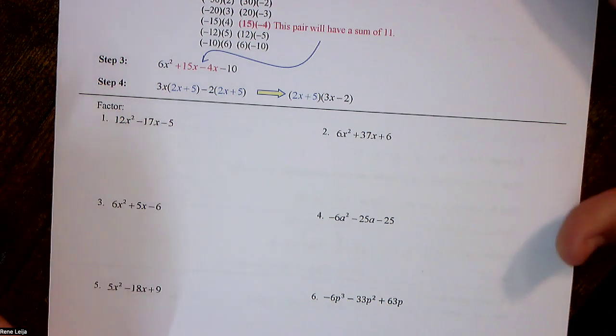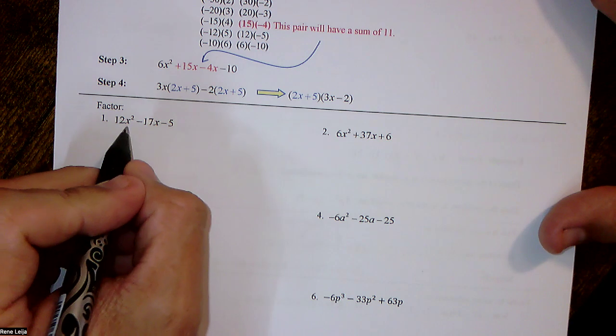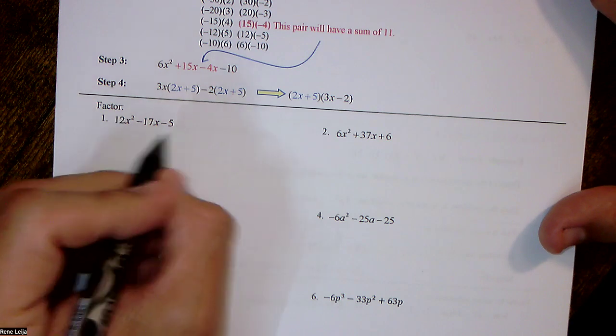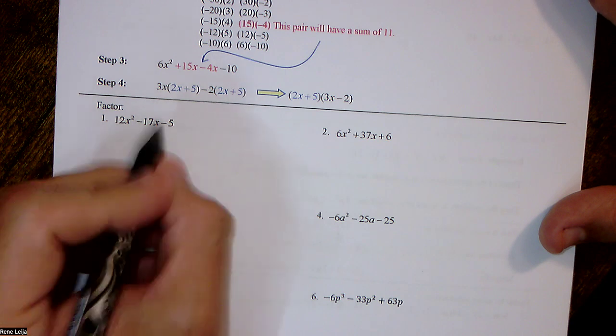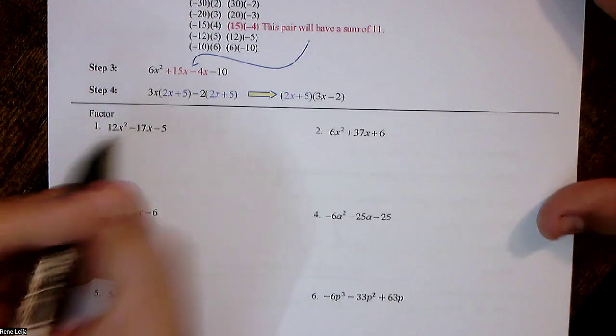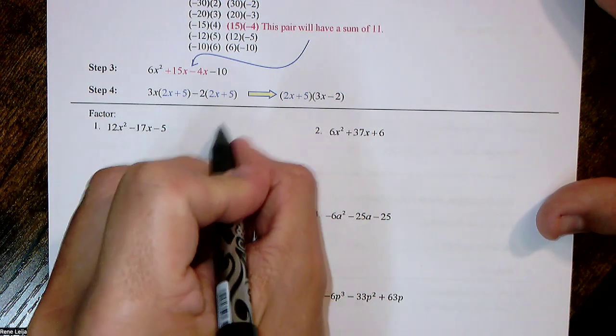Okay, so here we go. If we look at number one, the first thing I want to look at is, do I have a GCF? So 12, 17, and 5? No, no GCF.